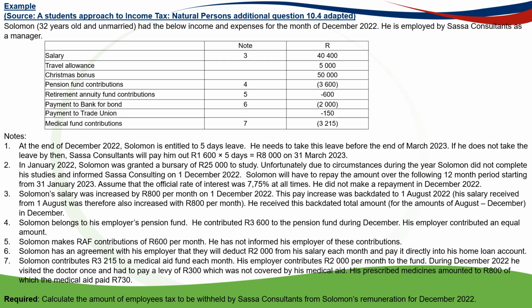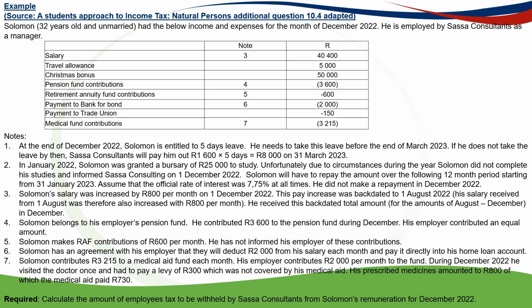Required: calculate the amount of employees' tax that would be withheld by SASA Consultants from Solomon's remuneration for December 2022. So it's very important. It's the employer, SASA Consultants, that is calculating Solomon's tax on his remuneration.